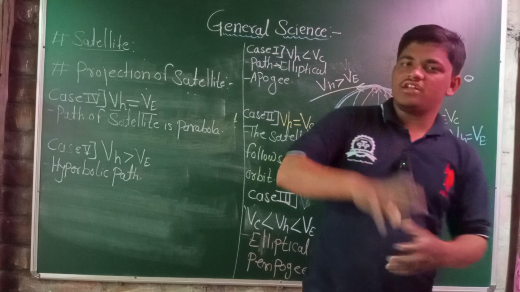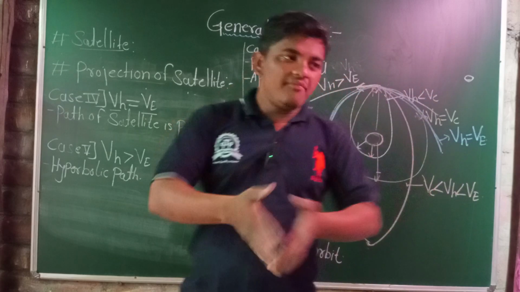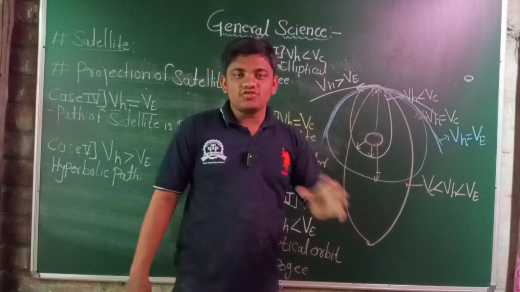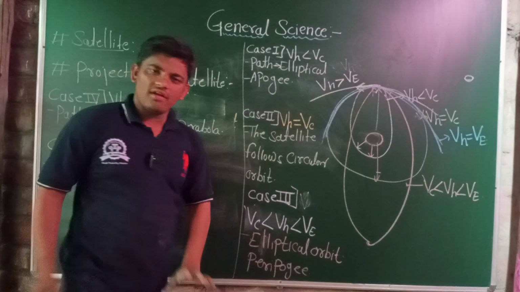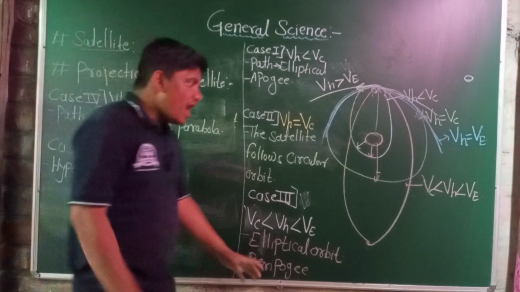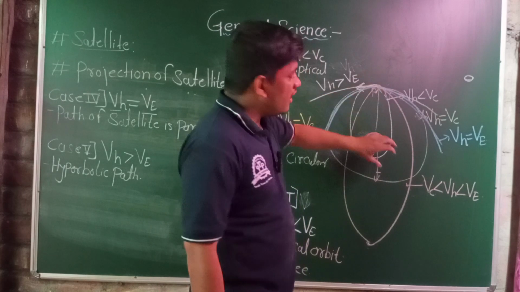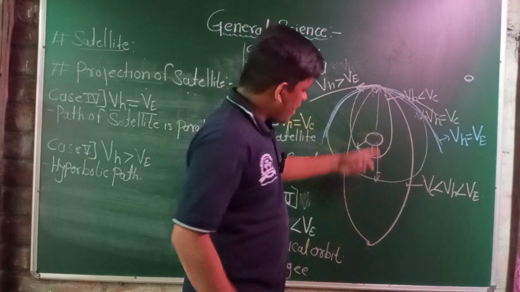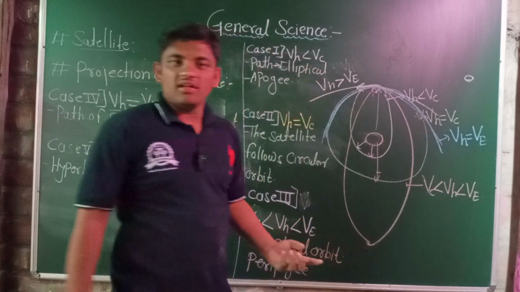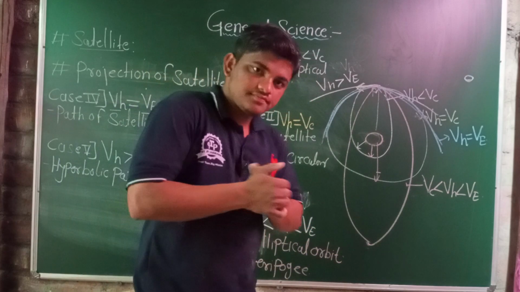Escape velocity is the velocity required for an object or satellite to escape from the earth's gravitational influence. Again the orbit is elliptical, but the point of projection is at a smaller distance from the earth than the other tip of the ellipse. This is the perigee.